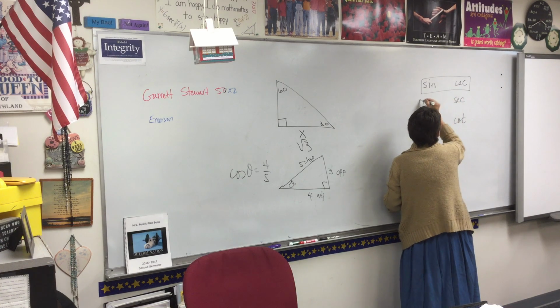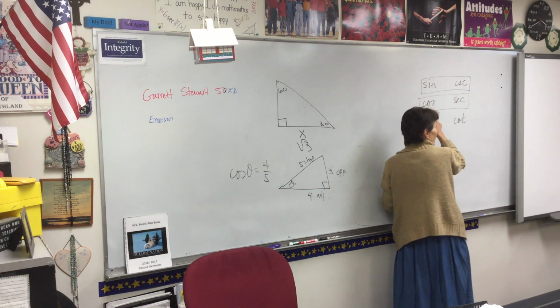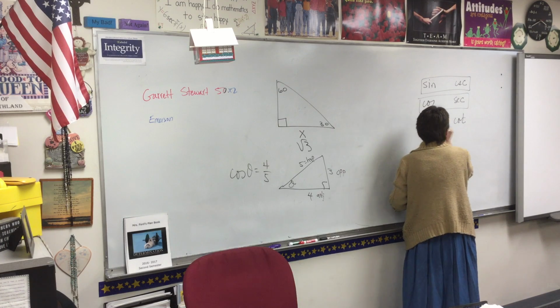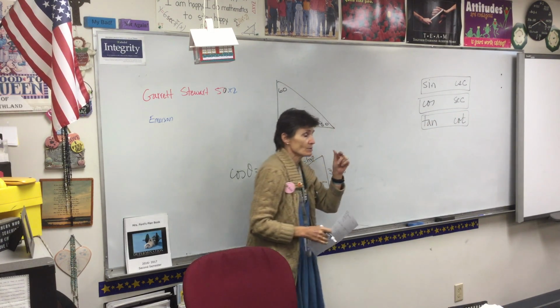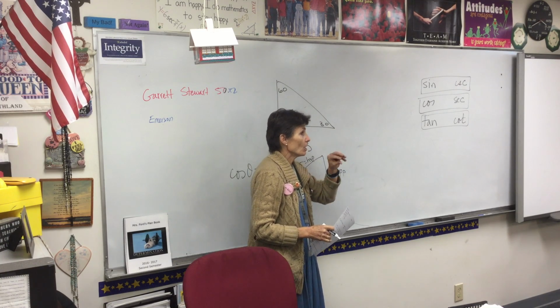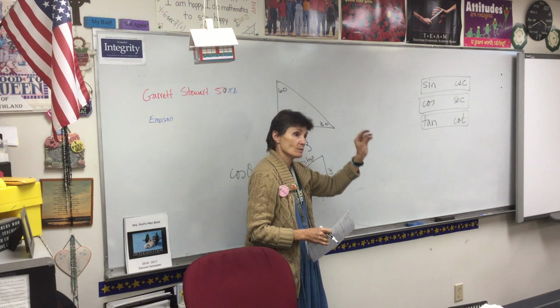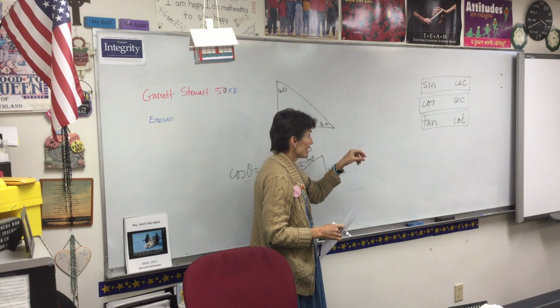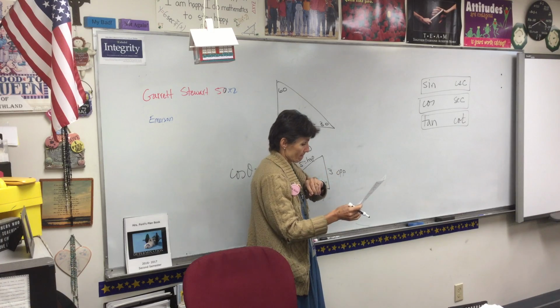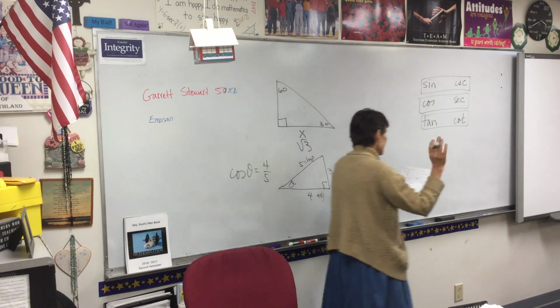This one has the cosine, and this one has the cotangent. So the reciprocal pairs have only one regular and one cofunction: sine, cosecant, cosine, secant, tan, cotan.